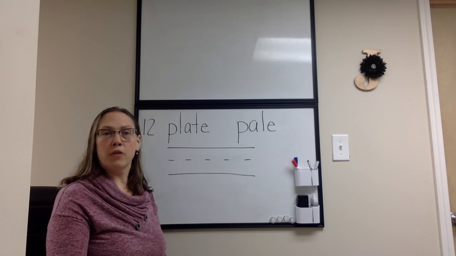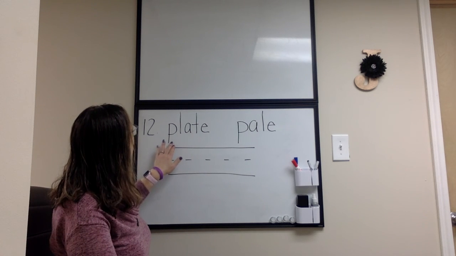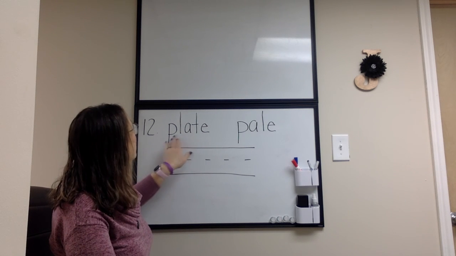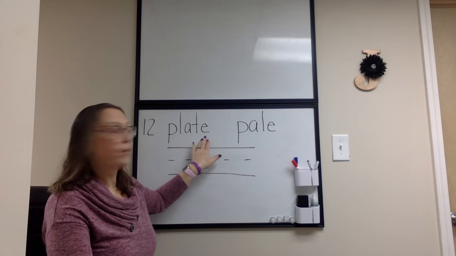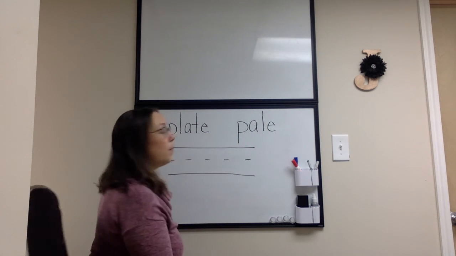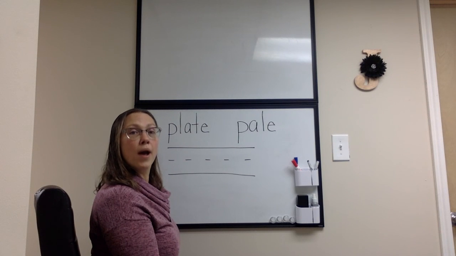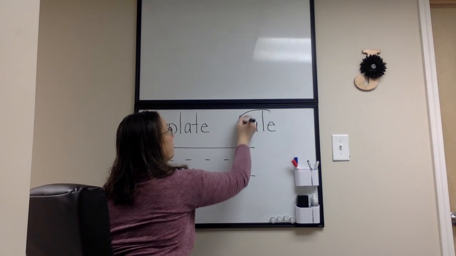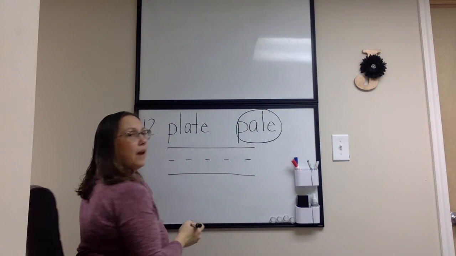Let's practice our two words. Plate, pale. Point and circle the word pale. And now let's write it.